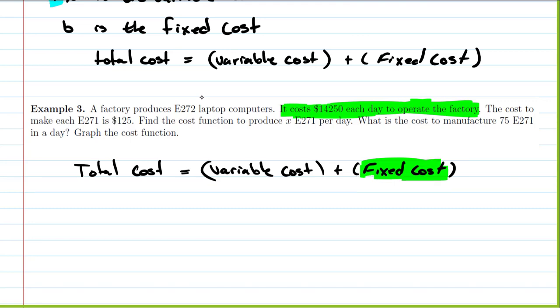Whether you make 1 laptop or 100 laptops, that's what you have to pay just to get the factory up and running. So then we also have another cost that is associated with it, which is it costs $125 to make each laptop, right? So in this case, it's going to be a linear model, because if it's $125 per laptop, that's going to be our marginal cost.